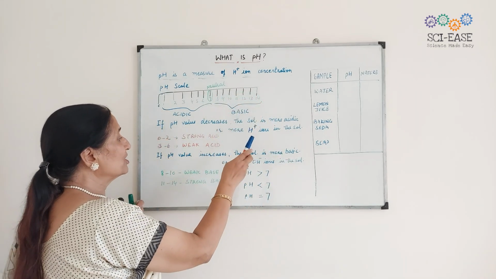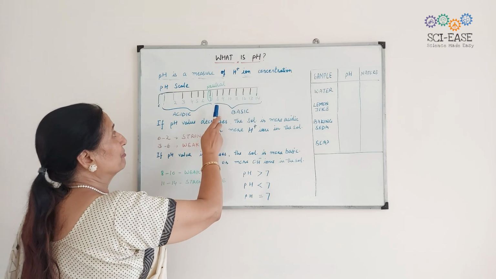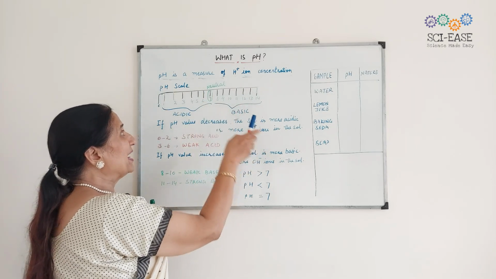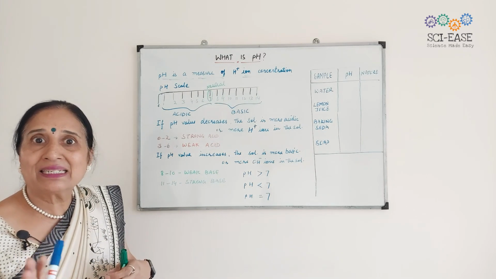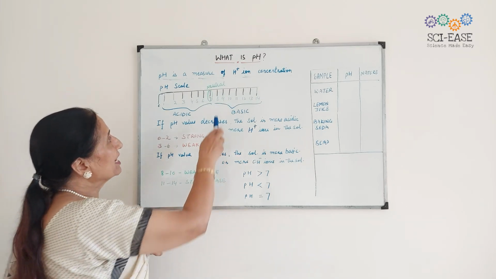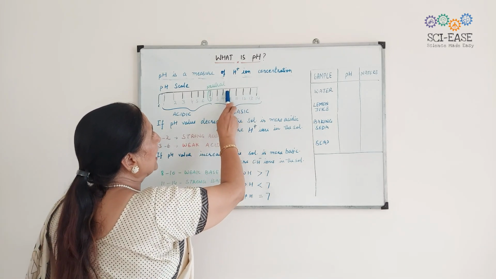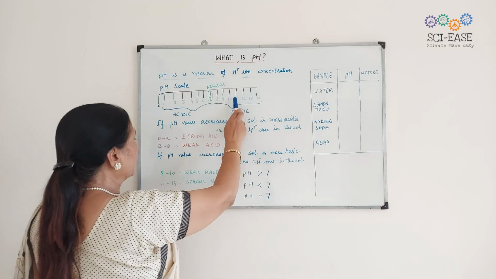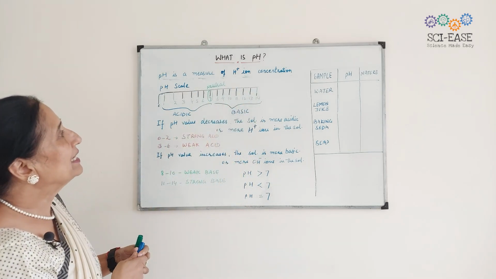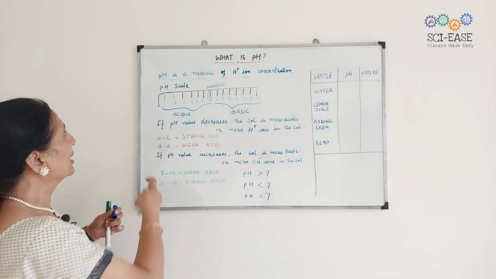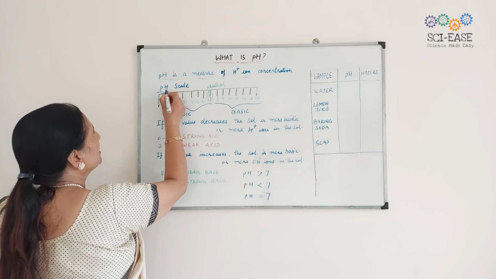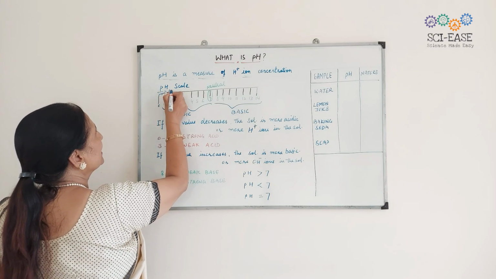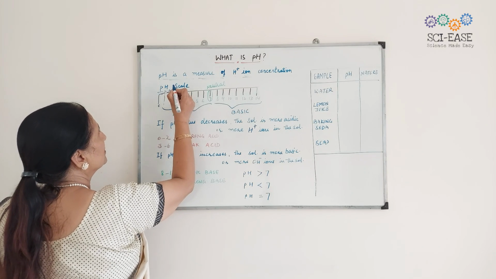Okay? So this means that if the pH of any base is from 8 to 10, then it is a weak base. And if it is from 10 to 14 or 11 to 14, then it is a strong base. You can write here also, this is strong acid up to 2.